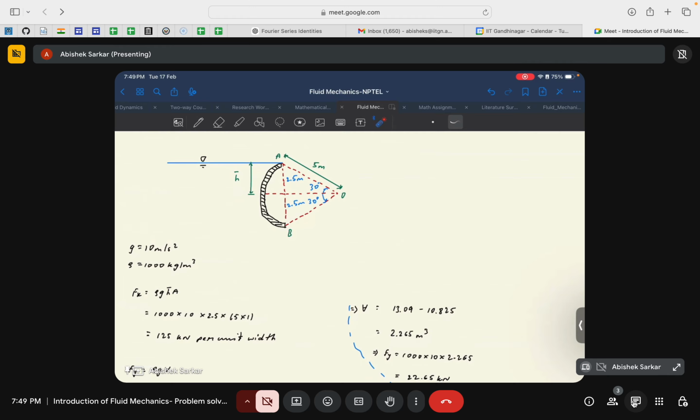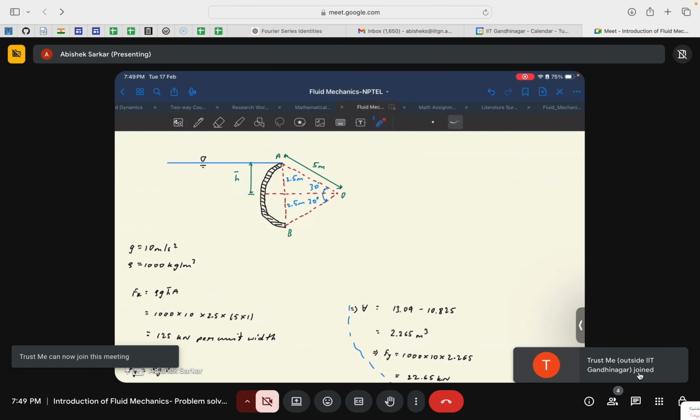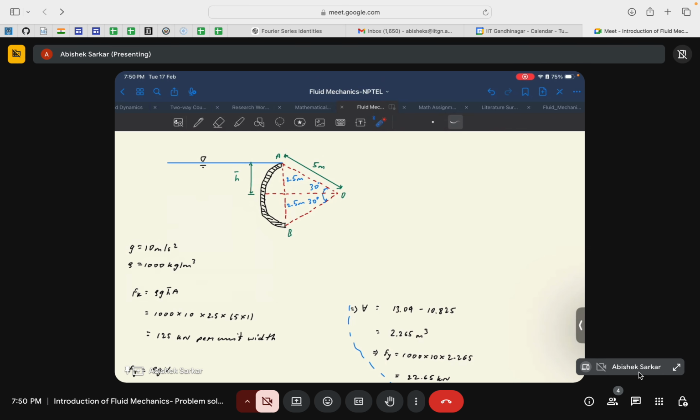So the net horizontal force is actually easy to find, because we know that the projected area will basically be a rectangle of, say, length this and breadth, say, b. Okay, but since it is asked to find the net force per unit width, we can consider this to be, say, 1 to simplify our analysis.